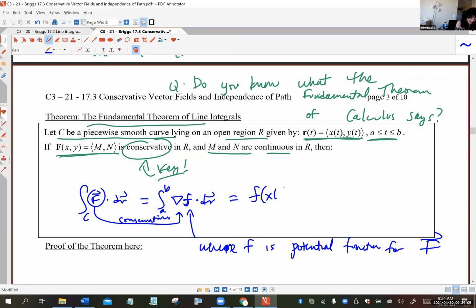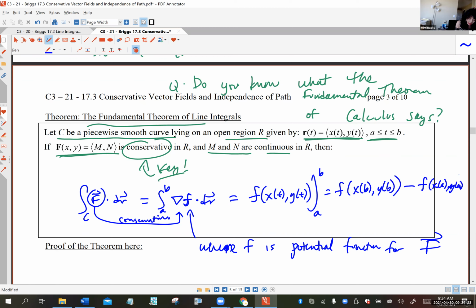So you're going to get x of t, y of t here, going between A and B. And so your answer is going to be f evaluated at x of b, y of b, minus f evaluated at x of a, y of a.